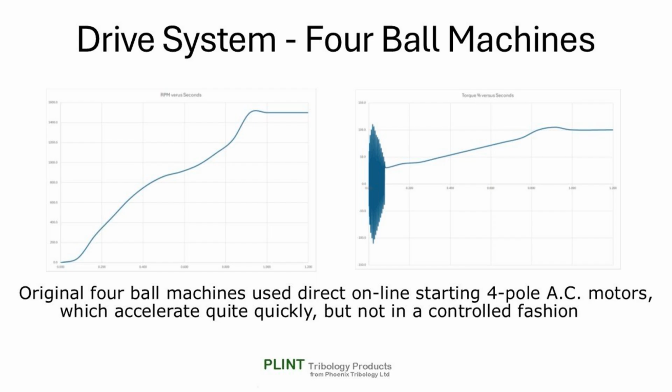On startup, these motors jerk themselves into motion, generating self-excited torsional vibration, with, for a short period of time, significant torque reversals. Could variations in this startup behavior have influenced test results and repeatability and reproducibility?